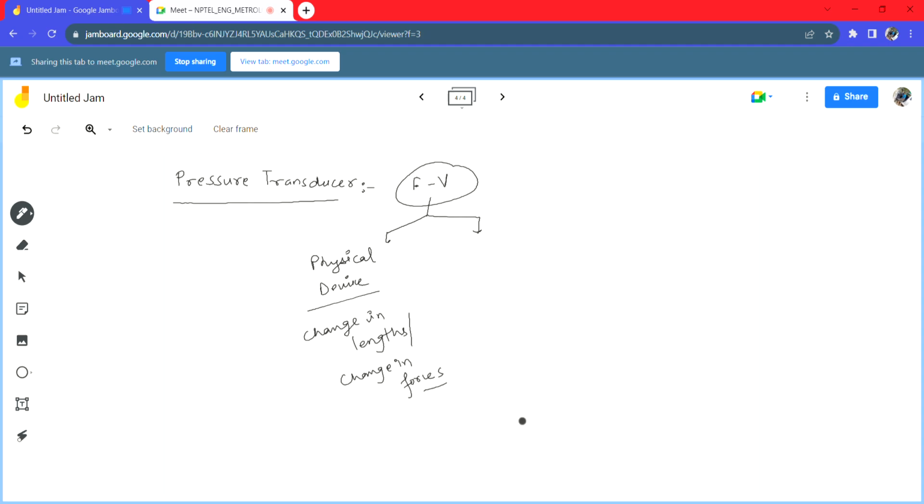And then comes an electrical device that can convert the change in length into the change in voltage.